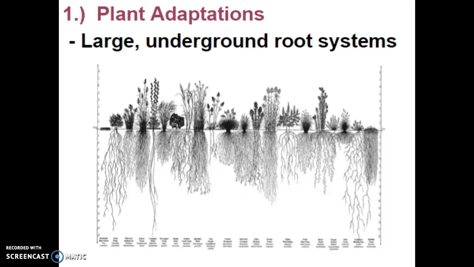Different types of plant adaptations in grasslands: they have very large root systems that reach far, far underground, and there are a few reasons for that. One is the limited amount of precipitation. Those roots can in some cases get down very deep into the soil, where they can use some of the moisture within the soil, not necessarily standing water, as a water source.